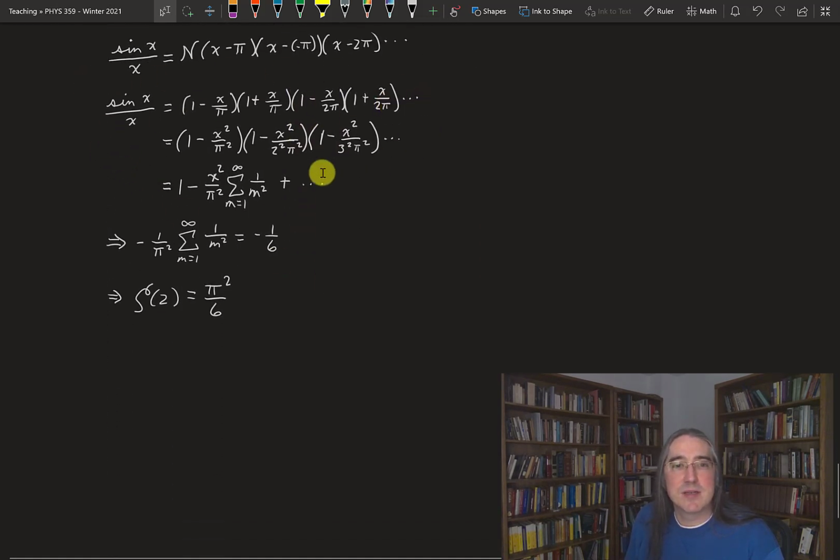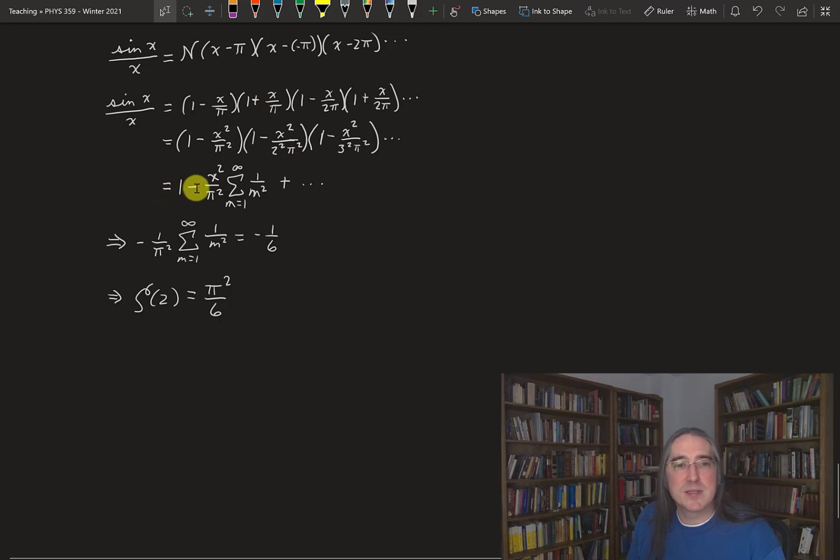So now we've written this thing as a product. And if we were to start doing the product out, we engineered it so that we'd get 1 times 1 times 1 times 1. The constant term is a 1, as it should be. The x squareds can only come from one of these terms times 1 times 1 times 1 times 1. So we will just get this plus this plus this plus this.